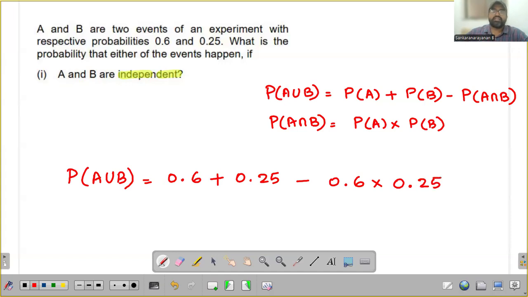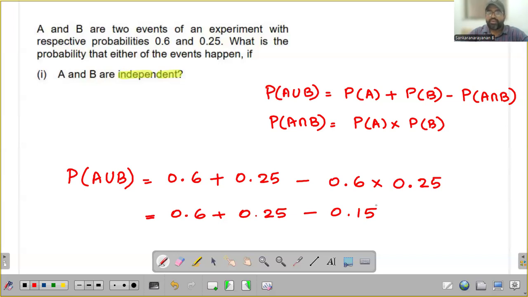When I'm calculating it, this will be 0.6 plus 0.25 minus, 6 into 25 is 150, right? So 0.6 into 0.25 will be 0.15.